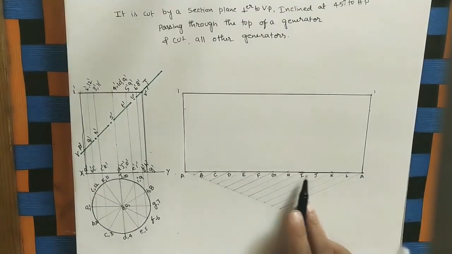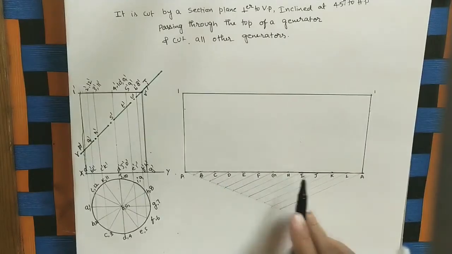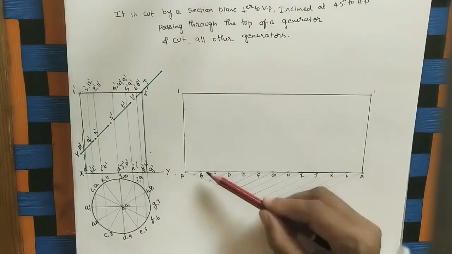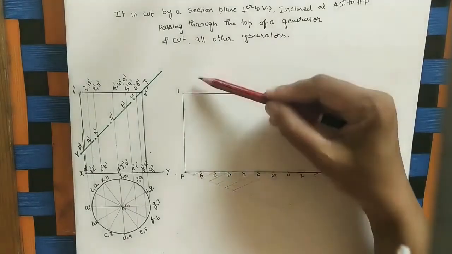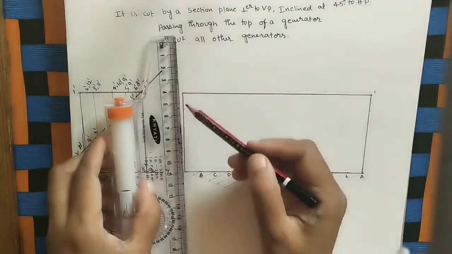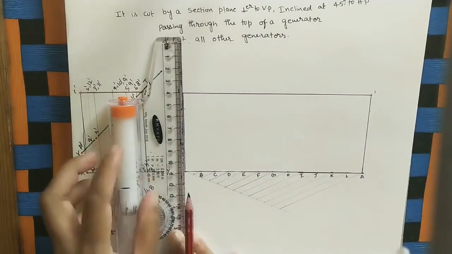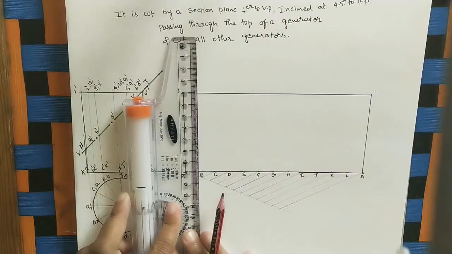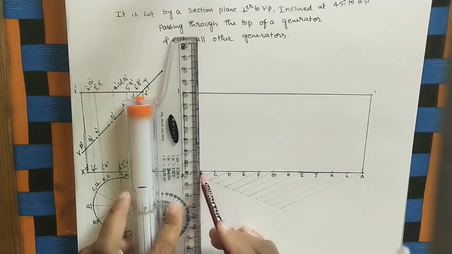Okay, here we have divided this line into 12 equal divisions. At all these points, do the generator lines. This is the main generator. Okay, take this is the reference. At B, do the generator line.